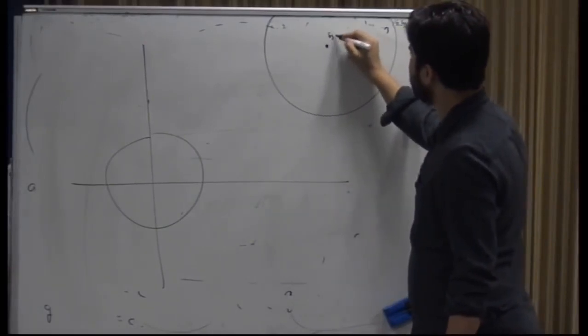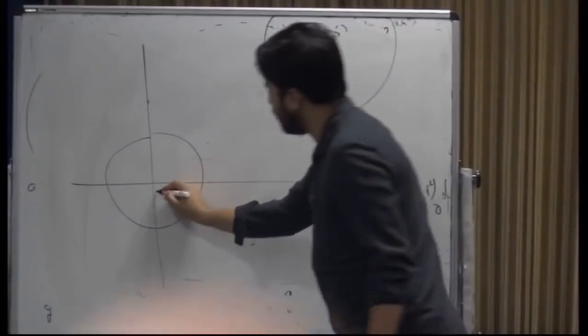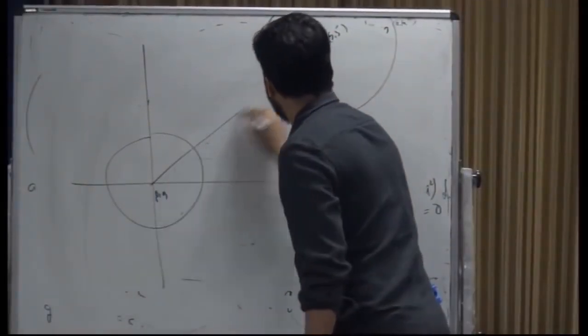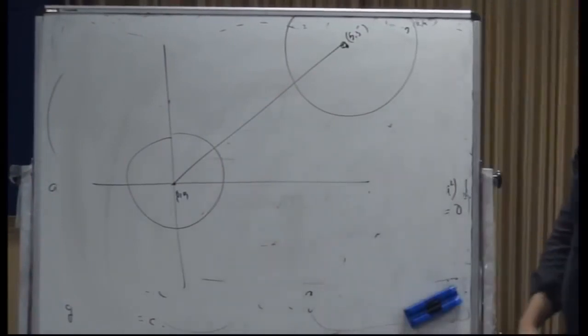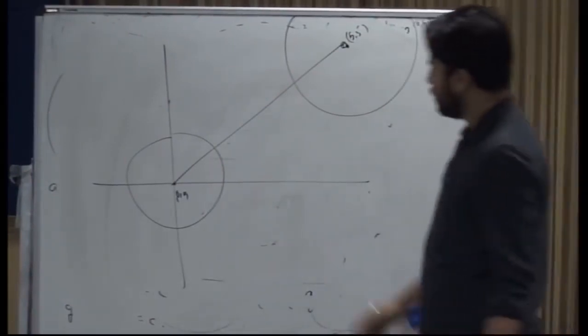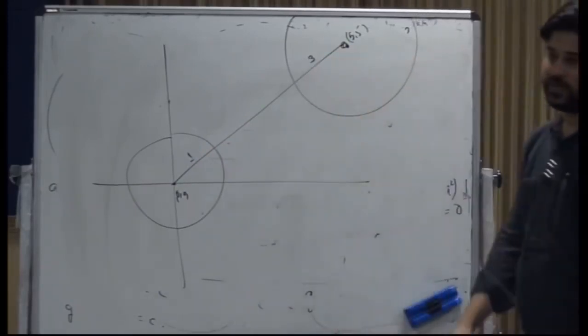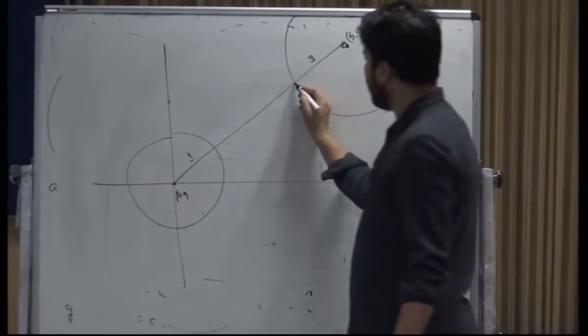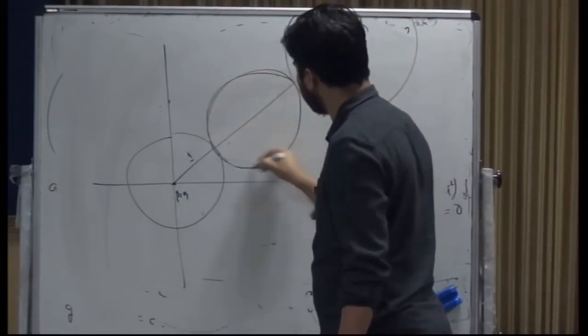The center is here, and the center is here, and this is the line joining their centers. This is 1, this is 3, and this is the circle that we are interested in.